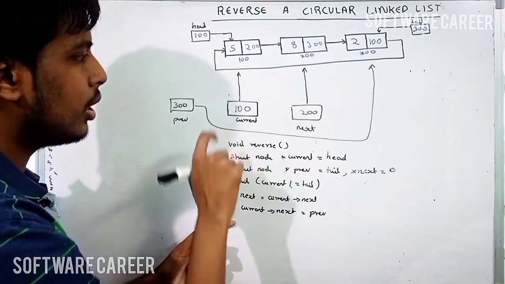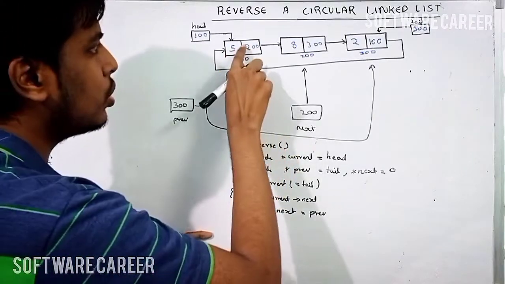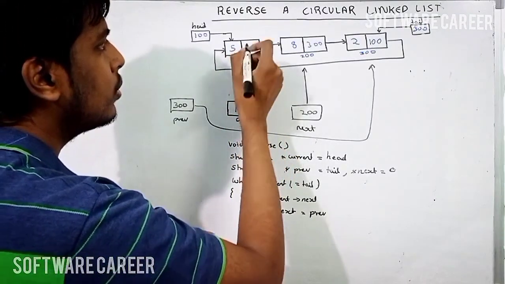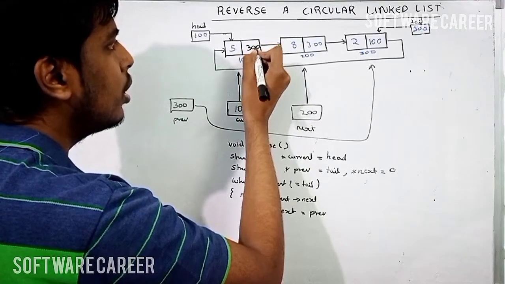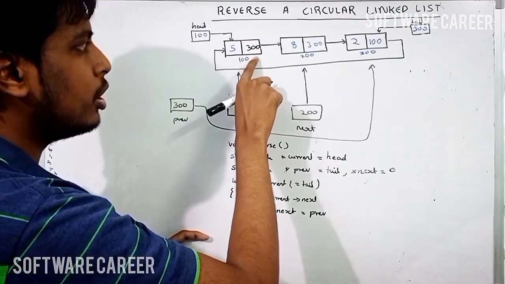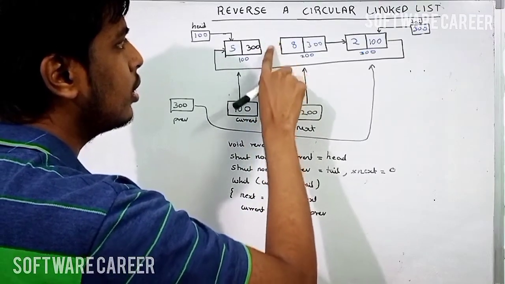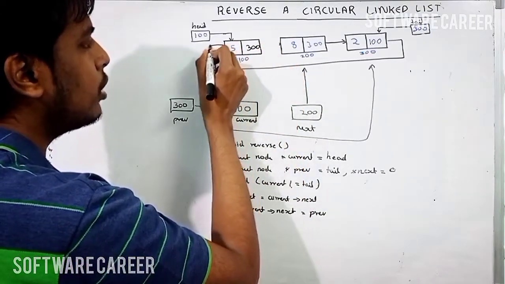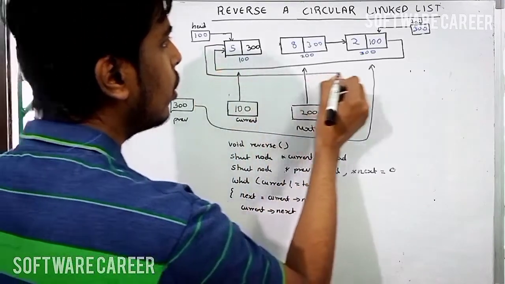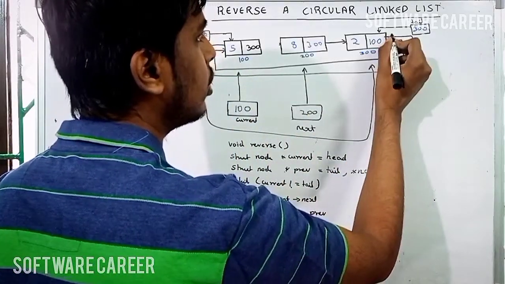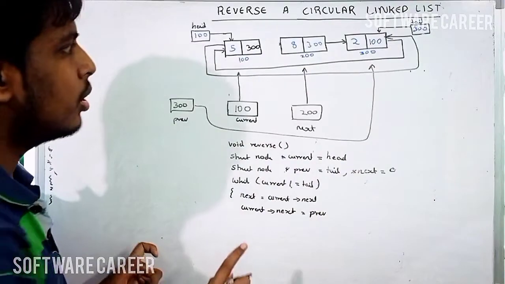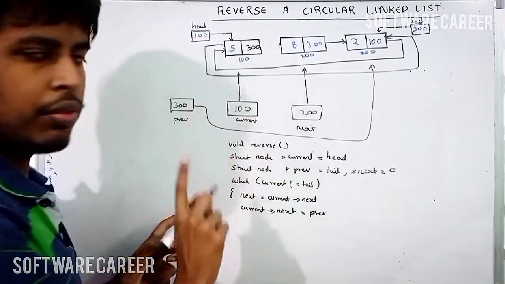What is current? Current is 100. 100's next is here, so you should store 300 here. Now this pointer is pointing to address 300, so this link gets cancelled, and now this node is pointing to 300. So this is the first step.